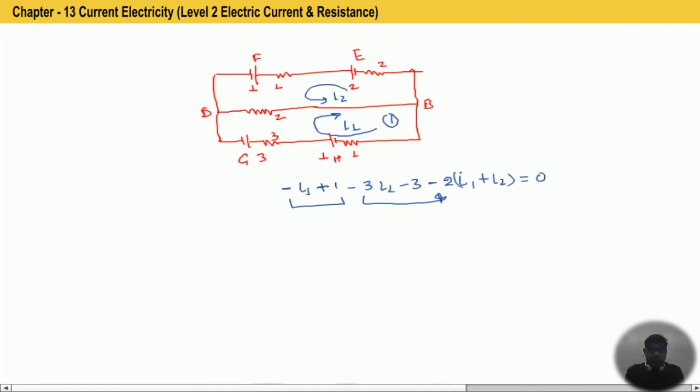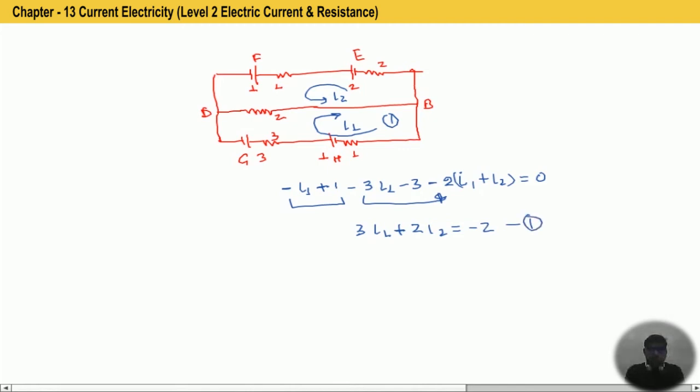From this equation, we can rewrite again. So this is minus I1 minus 2I1, so that is 3I1, and similarly minus 2I2, so plus 2I2 will be there, is equal to minus 3 and plus 1, so that is minus 2.